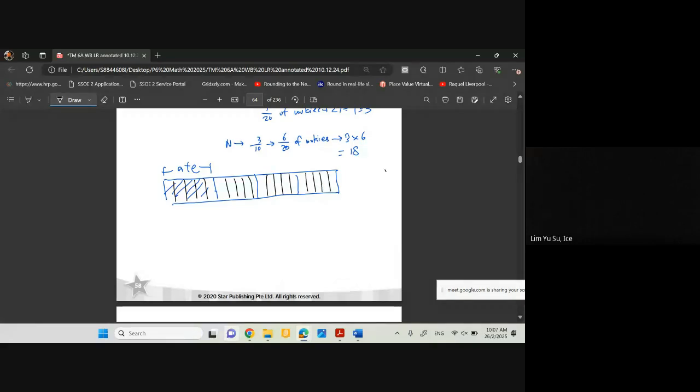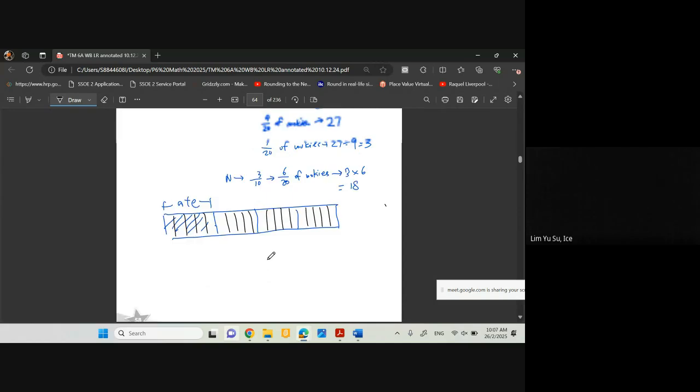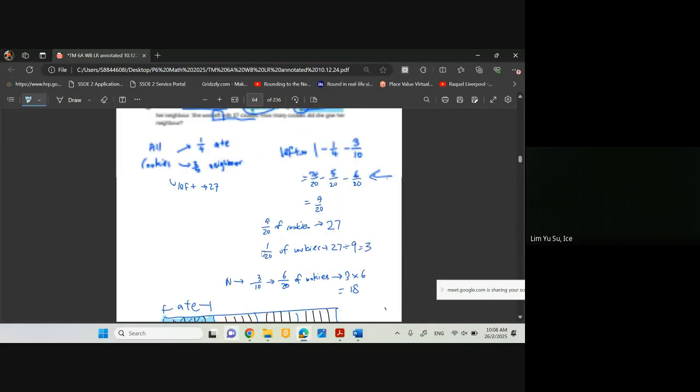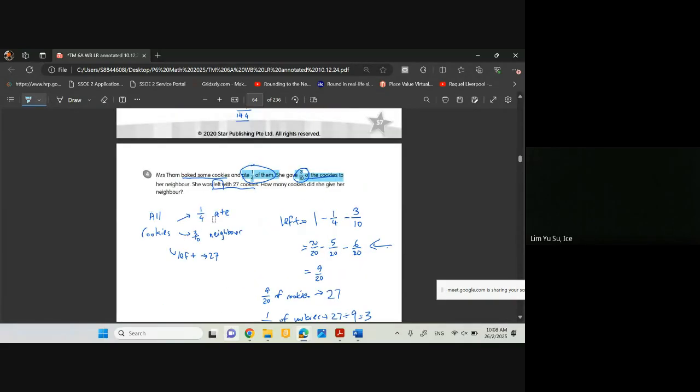There are 4 units, each unit I cut into 5 parts.